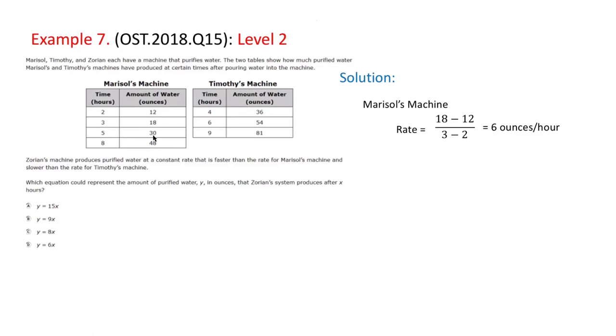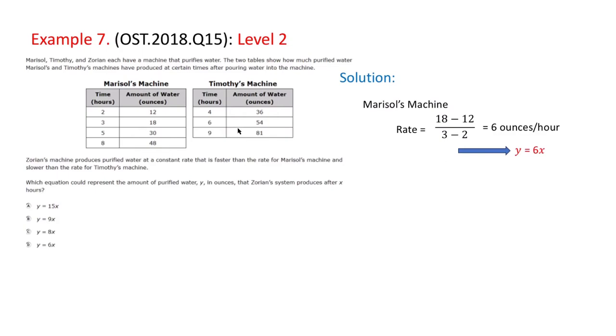You can use, if you want, 30 minus 18 is 12, divided by 5 minus 3 is 2, you get the same answer, 6. So the equation here is y = 6x. And then you can double check it. When x is 2, 2 times 6 is 12. Check it for 8. When x is 8, 6 times 8 is 48. For sure we are good.